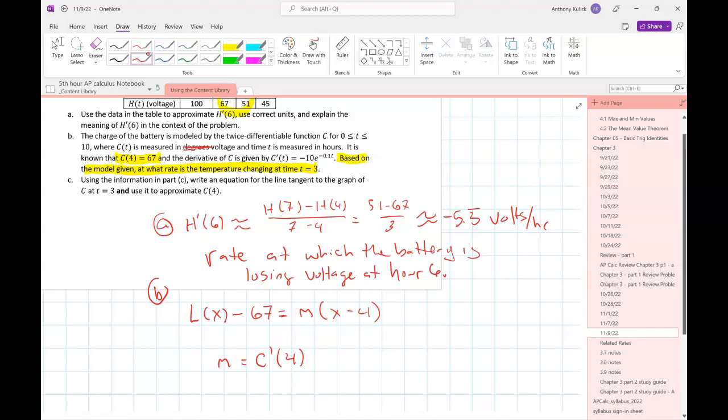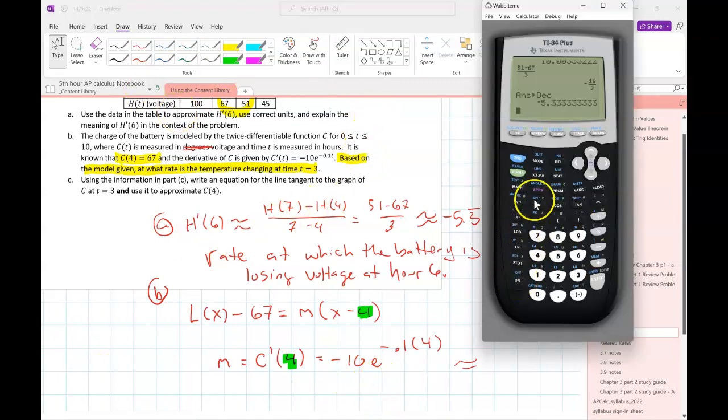So we plug 4 in the cup. I need to use 4 because that's the point that I'm finding the tangent line at. So all I'm doing then is just plugging it into here, and that's going to come out to some number. So about negative 0.67.